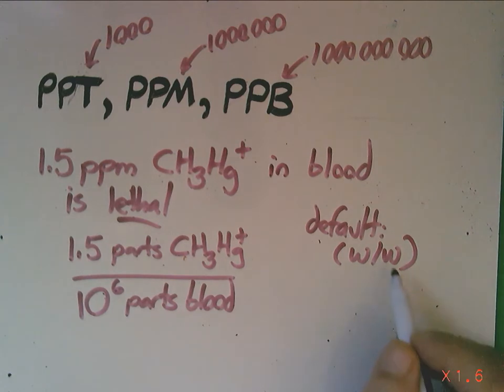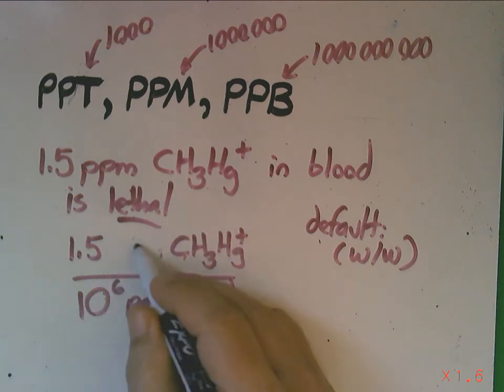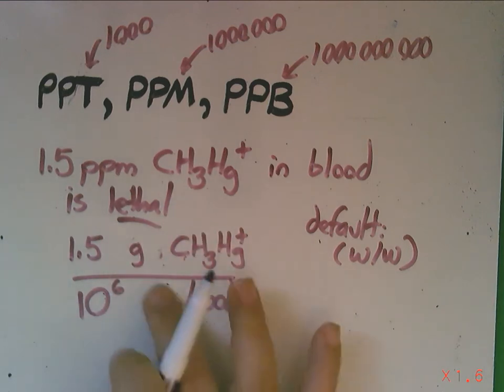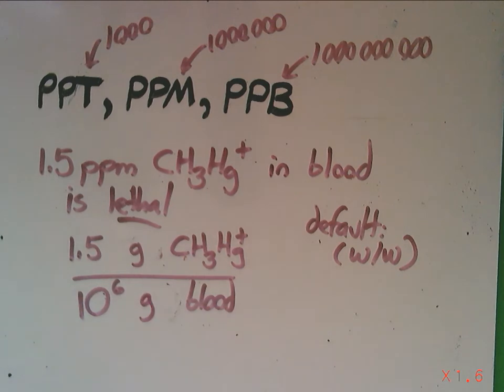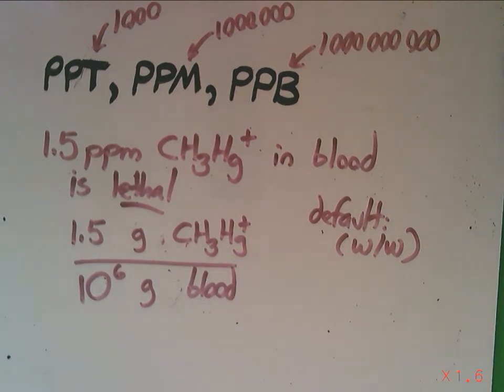If it really matters, we better be sure we know whether it's WW or WV or VV. That's going to make a difference, especially if you're talking about tiny concentrations of something that's lethal. It makes a difference what parts means exactly here. Anyway, I could put grams in there if it was WW. So this would be a conversion factor between grams of blood and grams of methylmercury.